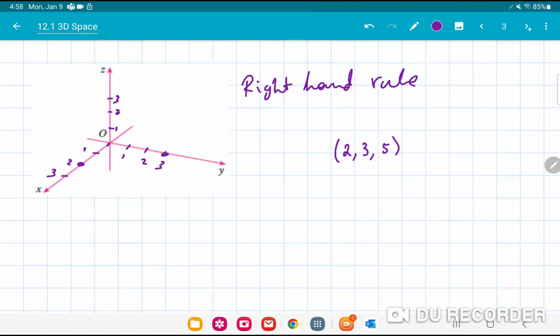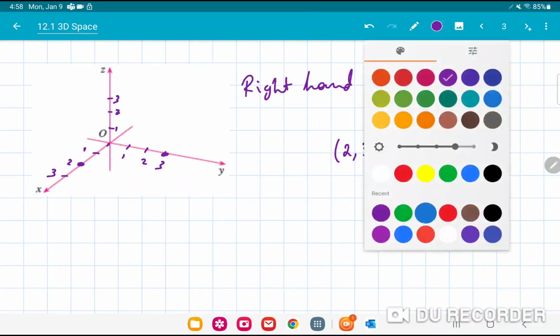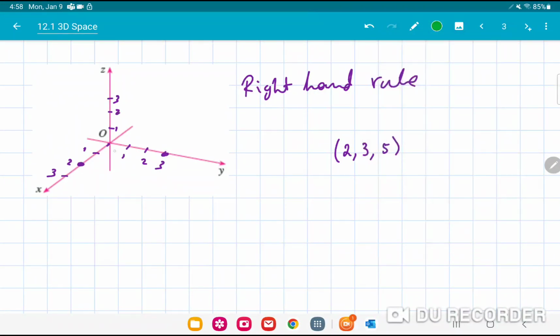And now I'm going to make a segment parallel to the y-axis passing through that point, parallel to the x-axis passing through the point 3, and I make another one parallel to this, passing through this point.